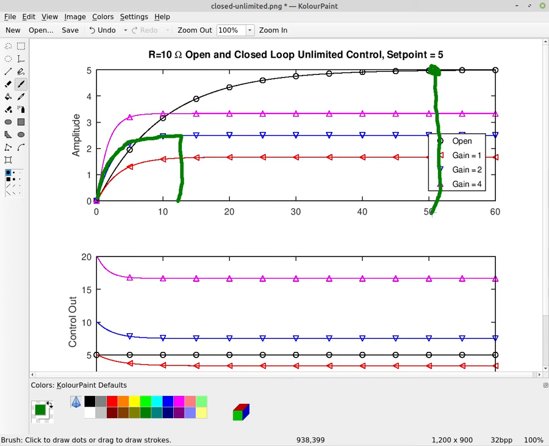It took somewhere around 50 seconds to settle out to its steady state value before, and now it's doing it in about 12 seconds with a gain of 2. But notice how much more energy we had to use.